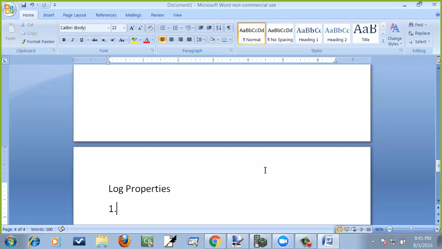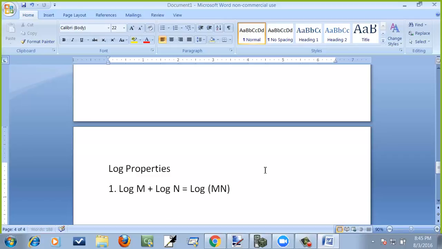We got three main log properties. We've already seen that there's some in the previous section. If you have log of something plus log of something, addition becomes multiplication. If you have log of something minus log of something, well, subtraction becomes division.